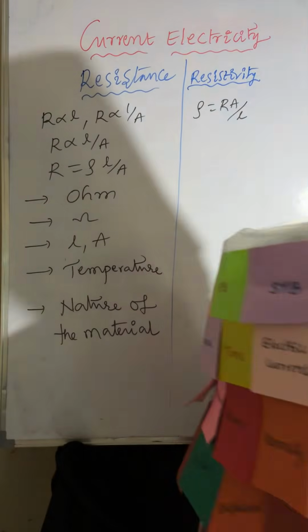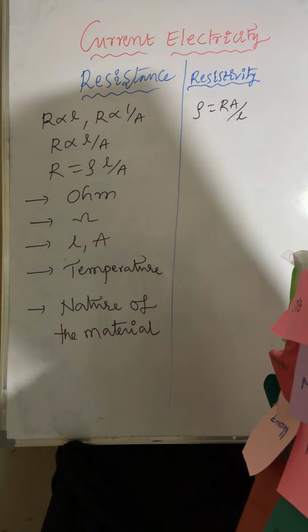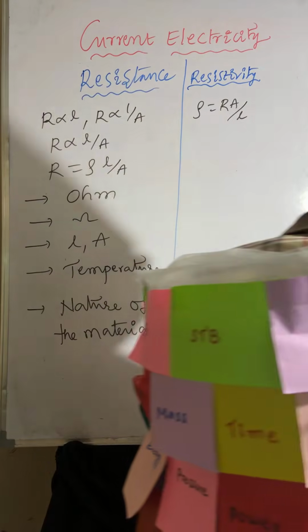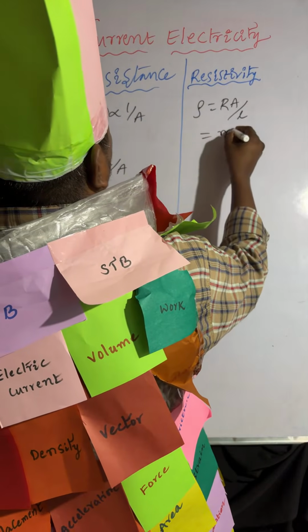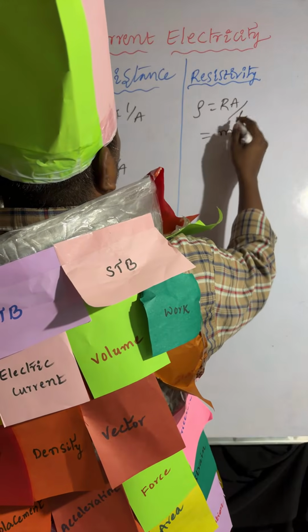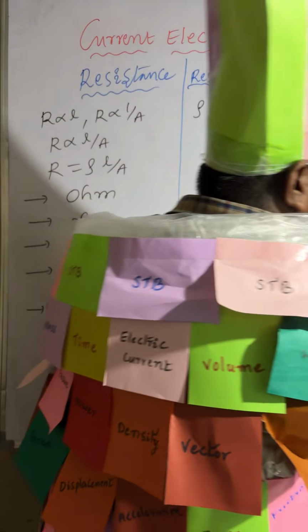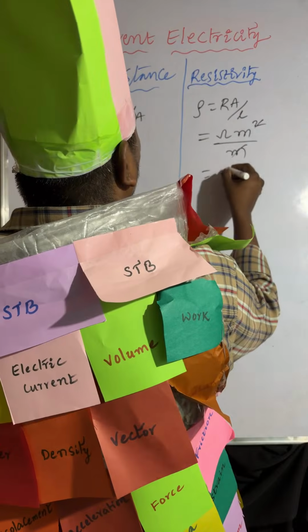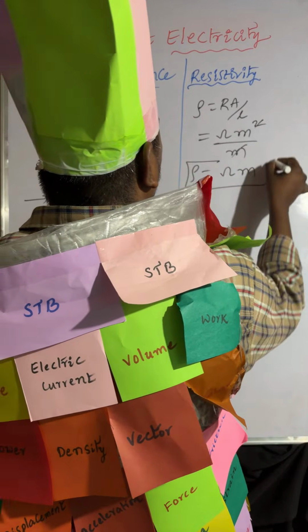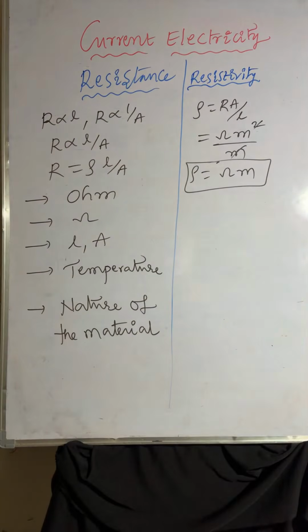Coming to the resistivity, the SI unit of resistance is ohm, the SI unit of area is meter square, and the SI unit of length is meter. So the SI unit of resistivity is ohm meter.